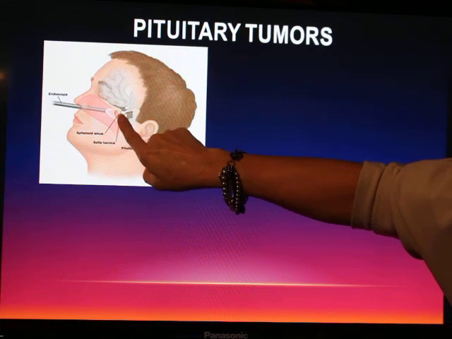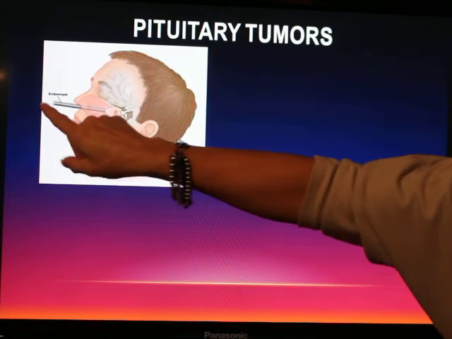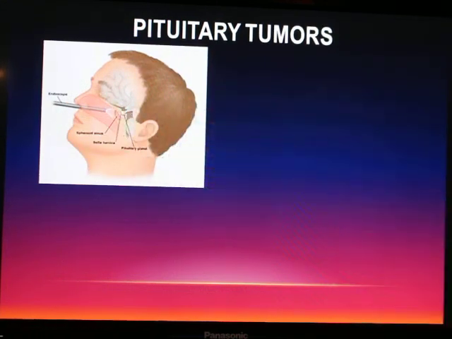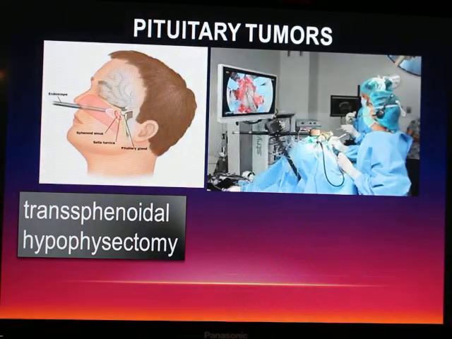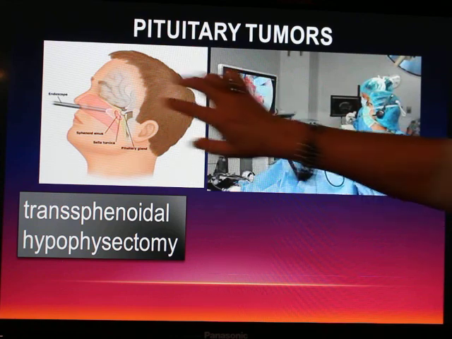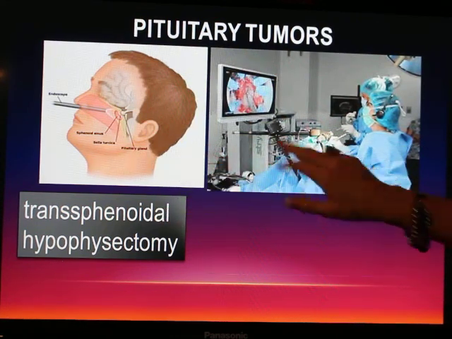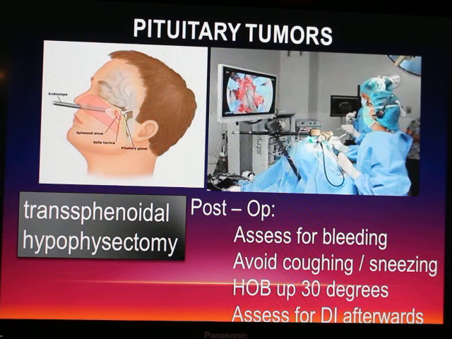So oftentimes what they'll do is a transsphenoidal approach, trans meaning across. They will go right through the nose and back in there to where that pituitary gland is, and they will remove the tumor. And they don't have to open up the whole head, which is nice. They can visualize it, usually using robotic surgery, and pull the tumor off of the pituitary gland.